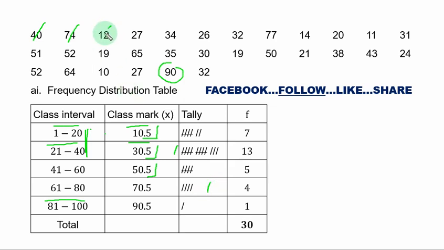You strike off 12, you record it in this interval. You strike off 27, you record it in this interval. If you do all of that, you have 7, 13, 5, 4, and 1 as the frequencies of the various class intervals. And when you add together, you have 30. So this is the frequency table for the given information.